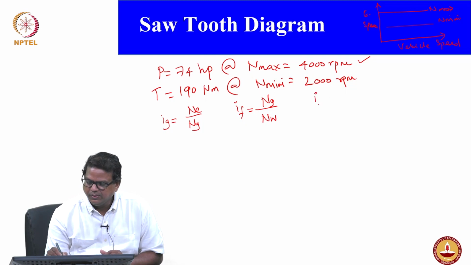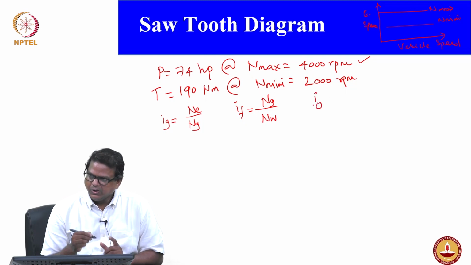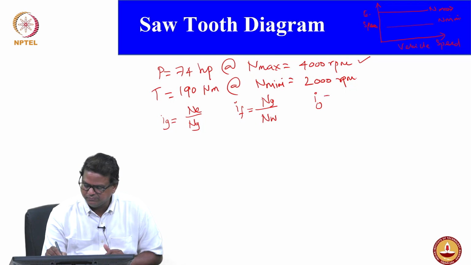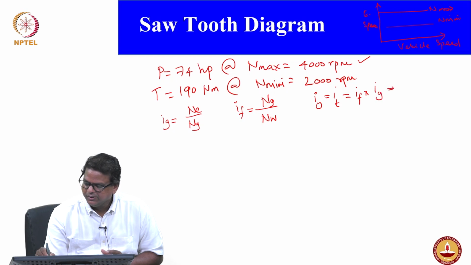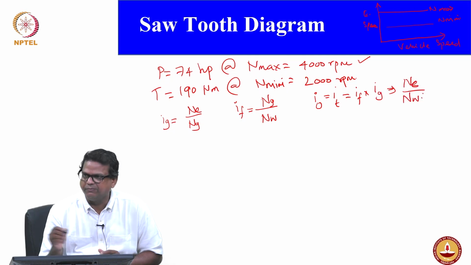Your overall drive ratio, or total drive ratio, both are the same, is IF times IG, which gives me NE by NW.